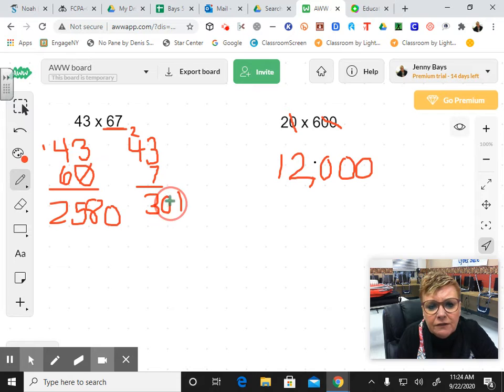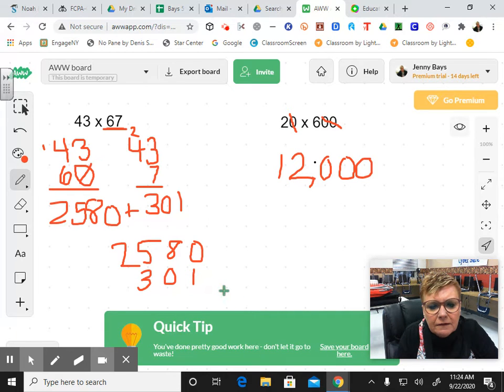Now, all I have to do is put these two numbers together. So 2,580 and 301. Add, and I get 2,881.